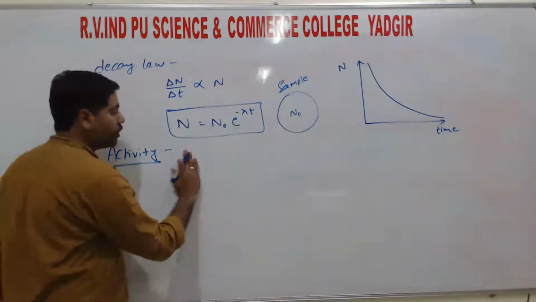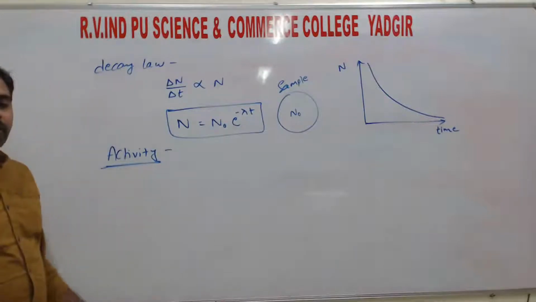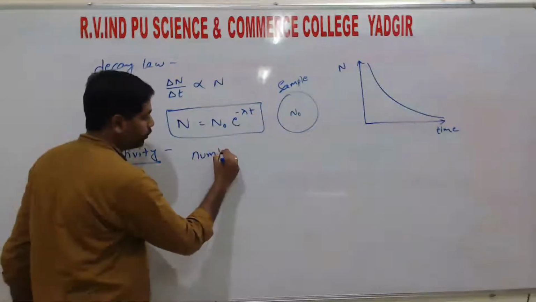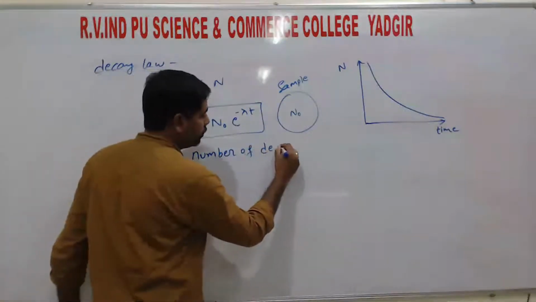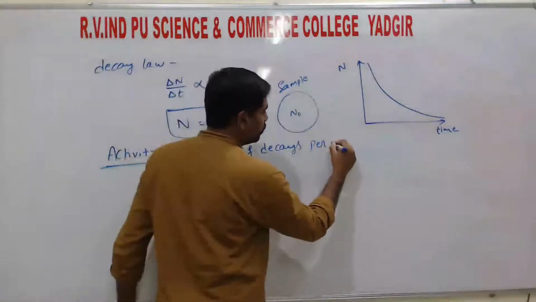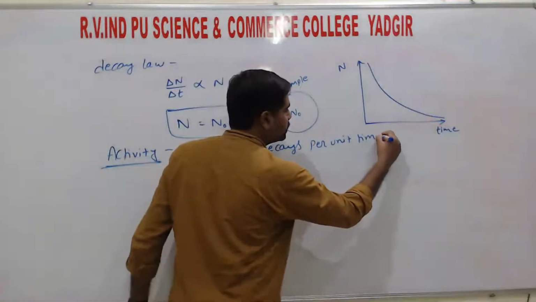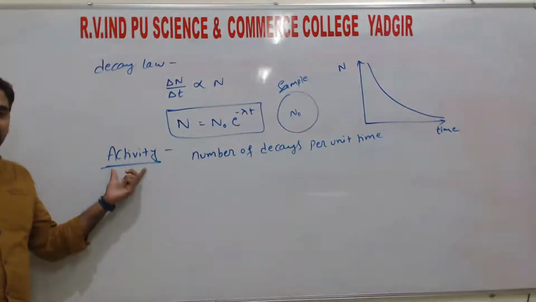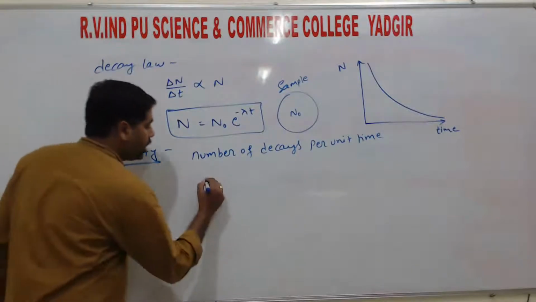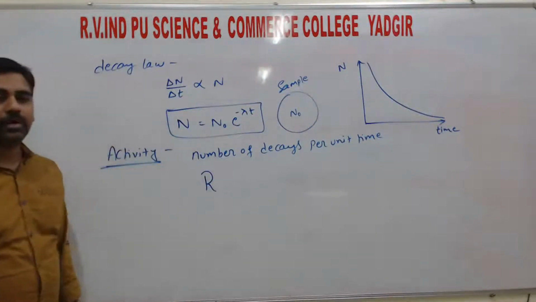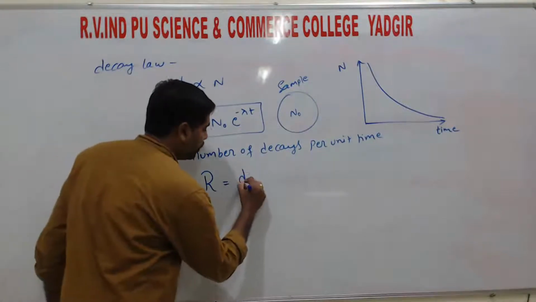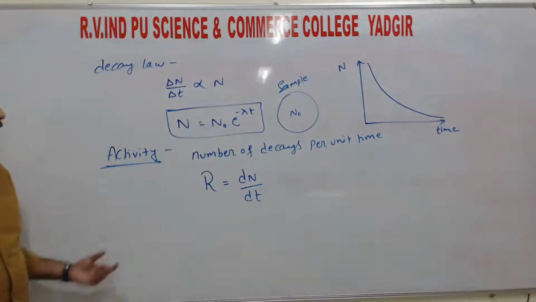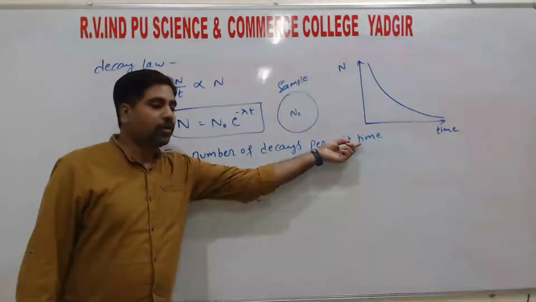Activity is defined as the number of decays per unit time, or simply we call this the decay rate. That is what defines the activity. Activity is denoted by R, so R equals dN by dt, right? Activity is the number of decays per unit time.